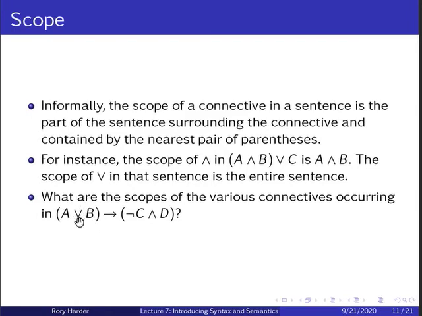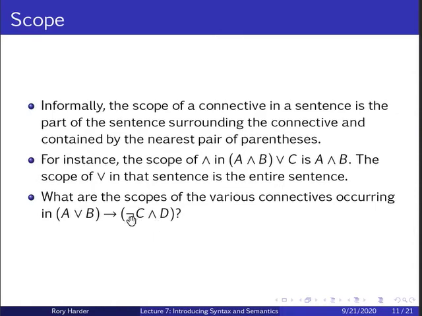So the scope of the disjunction is this sentence A or B, because that is the part of the sentence that is surrounding the disjunction and contained in parentheses. Now, if we ask about the scope of the conjunction here in the consequent of the conditional, we see that the scope of this conjunction is the entire consequent. So it includes not C and D.